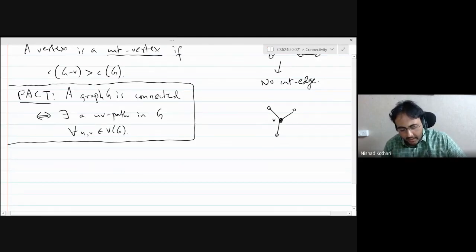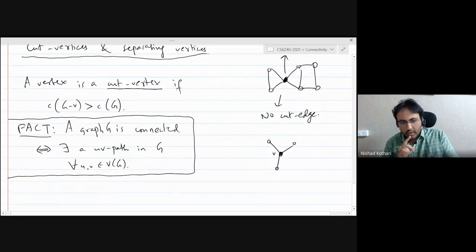However, if your graph does not have any cut vertex, then you can actually say something stronger about paths between 2 vertices. And that brings us to theorem 5.1.